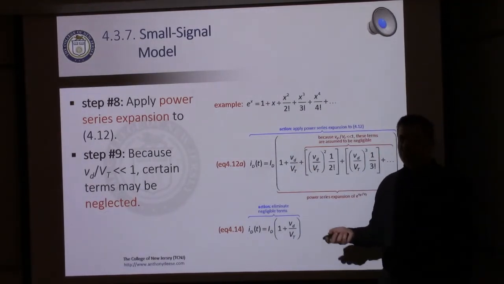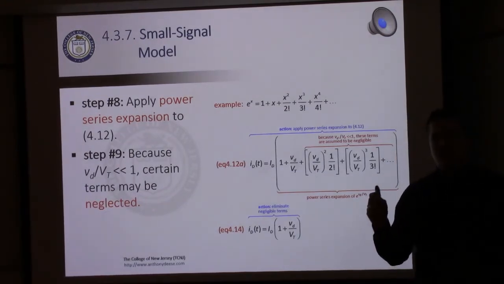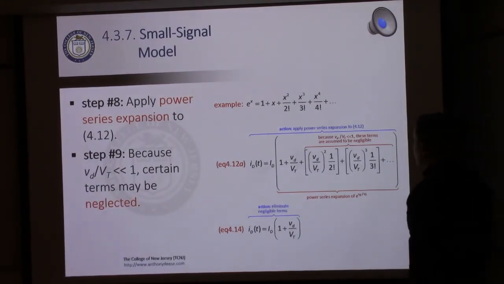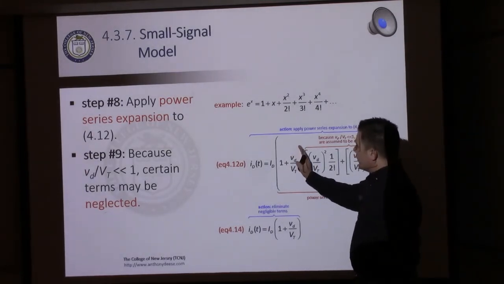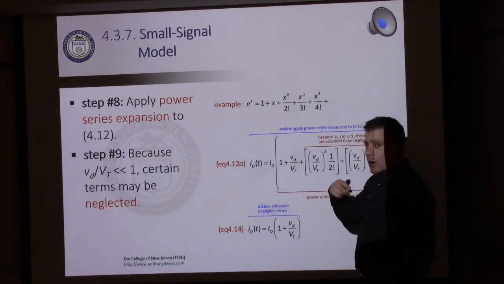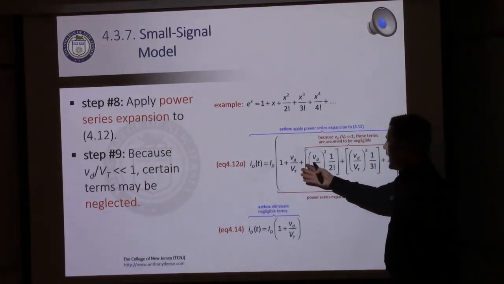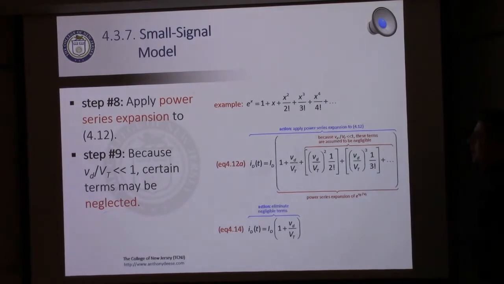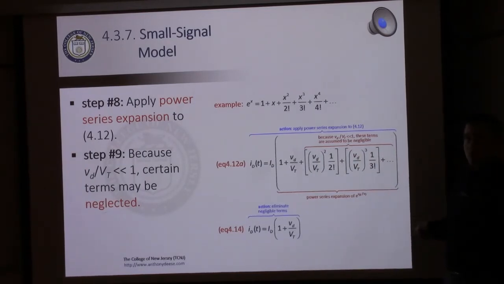This is similar to the concept of linearization: for small values of our signal, as long as we keep that small, the first two terms will give almost as good of an answer as the full expansion. As Vd gets larger and larger, we will need more and more terms to represent it.